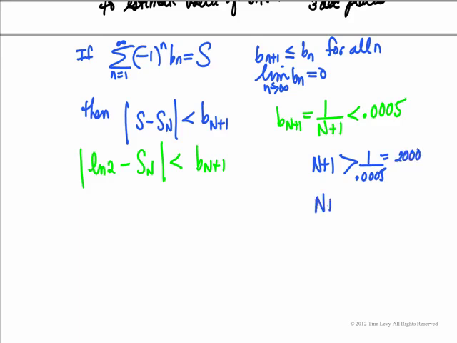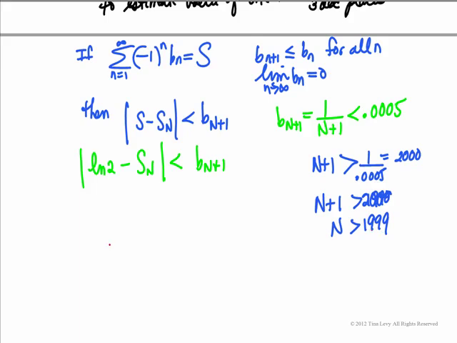So n plus 1 is greater than 2,000. And then, of course, subtracting 1, we get n is greater than 1,999. What that's telling us is that if we added up the first 1,999 terms, we would get a value of log 2 correct to 3 decimal places.